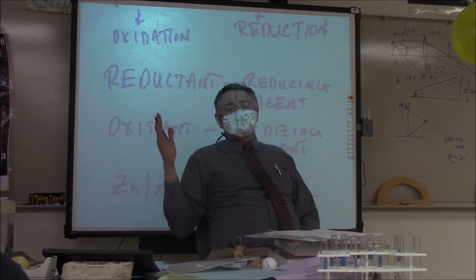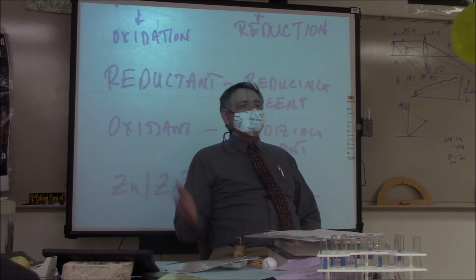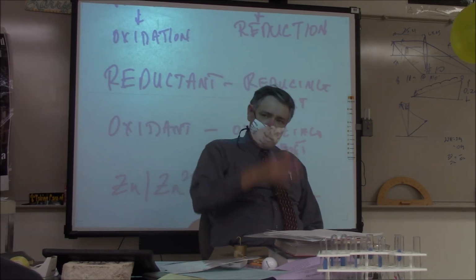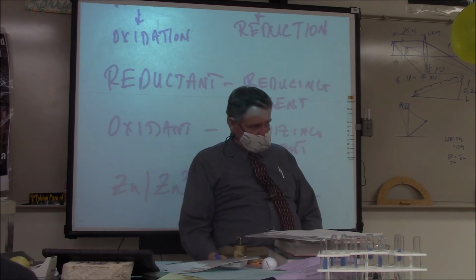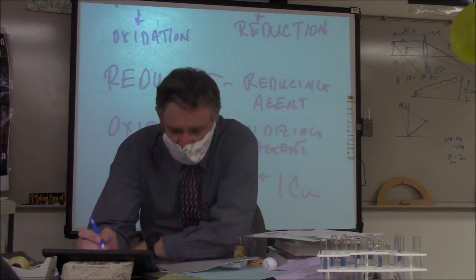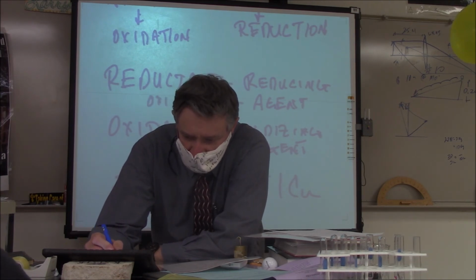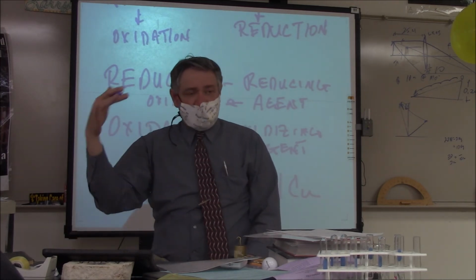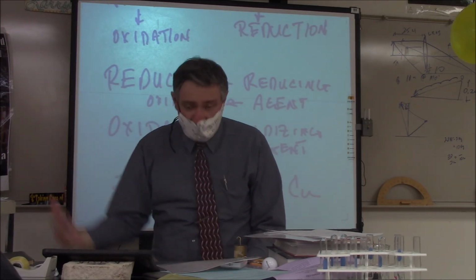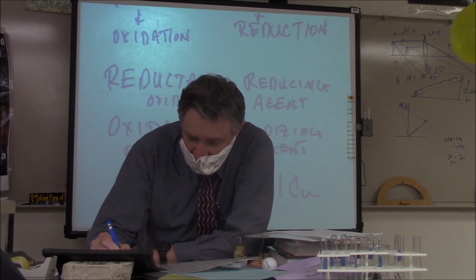The reductant is the same as the reducing agent. But if it's the reducing agent, does it contain what is oxidized or what is reduced? What is oxidized, okay? So that's kind of the dichotomy. So your reducing agent contains what is oxidized, and your oxidant, which is the same thing as your oxidizing agent, contains what is reduced.